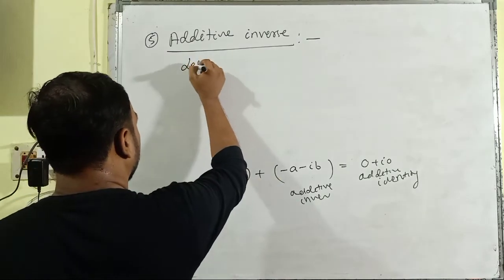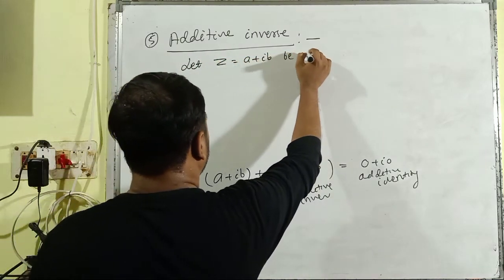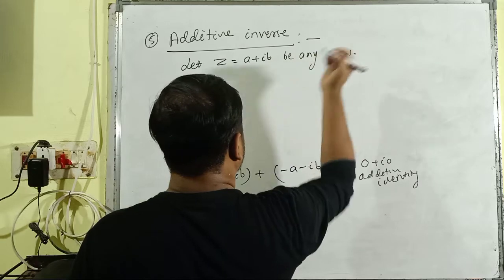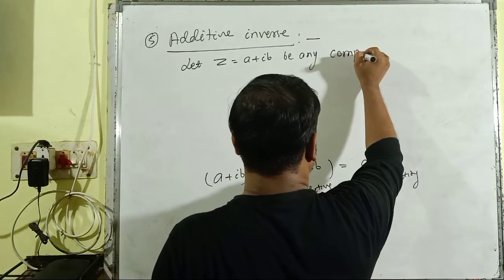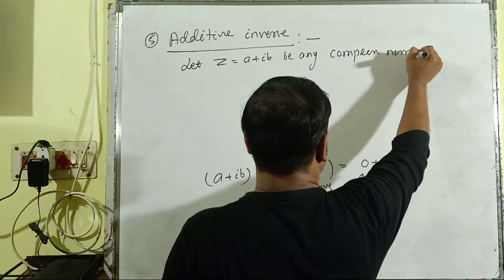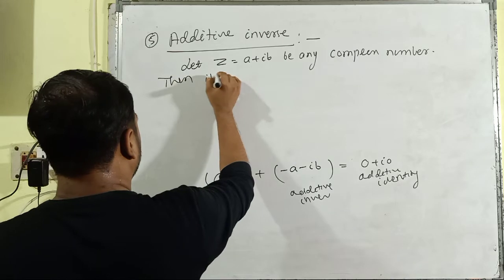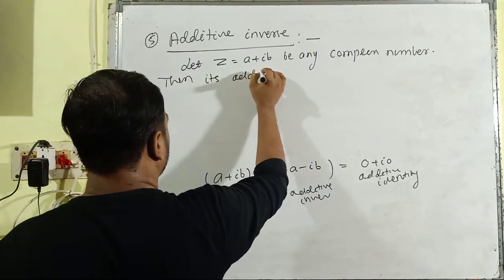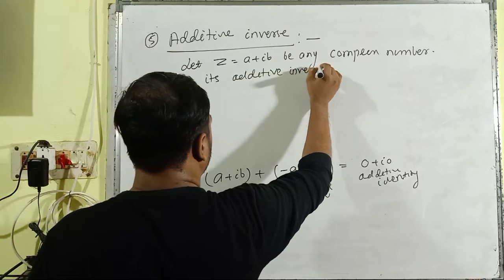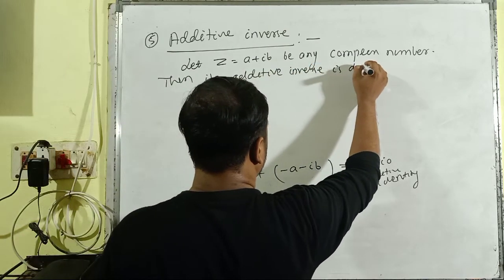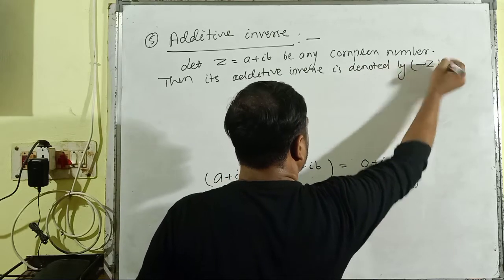Let z is equal to a plus ib be any complex number. Then its additive inverse is denoted by minus z.